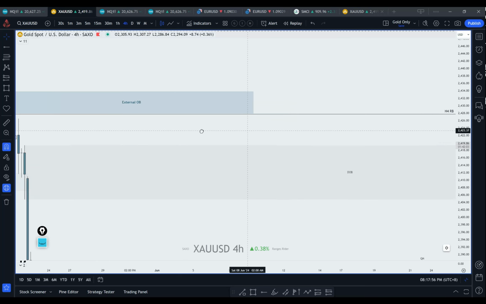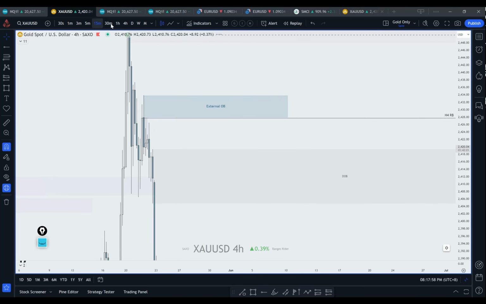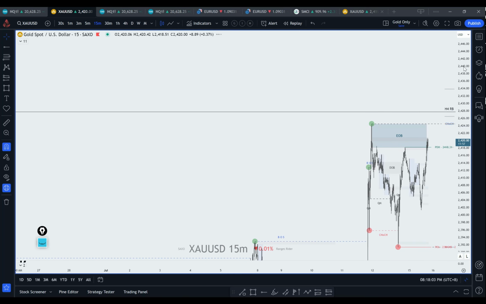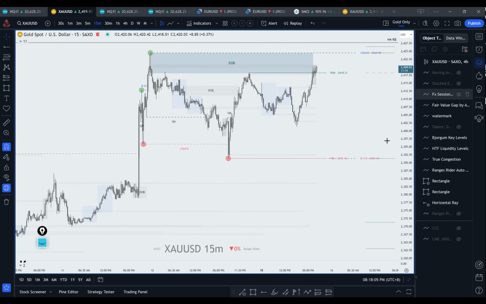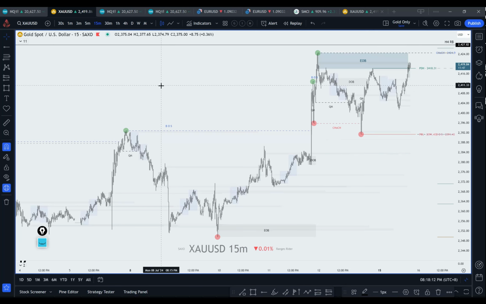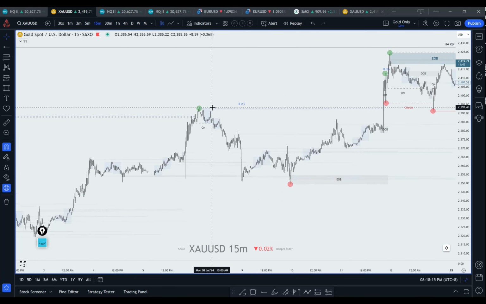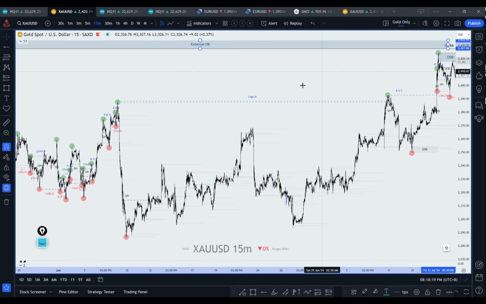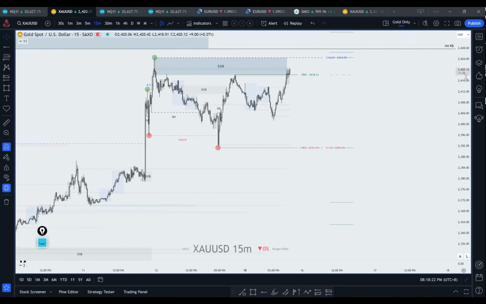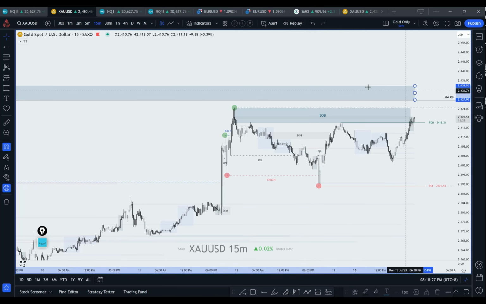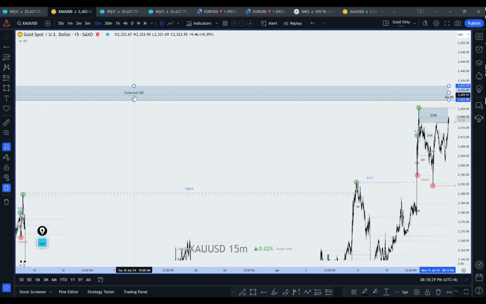So you are not going to go long until the price even clears here, until the price clears this one. So this one is the external OB.